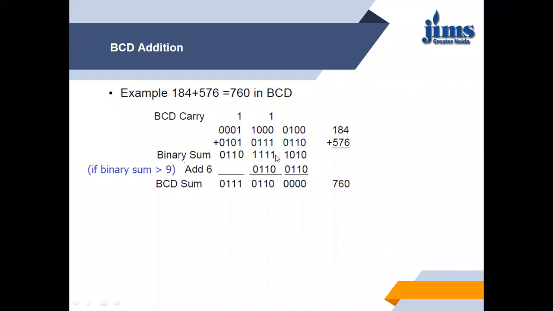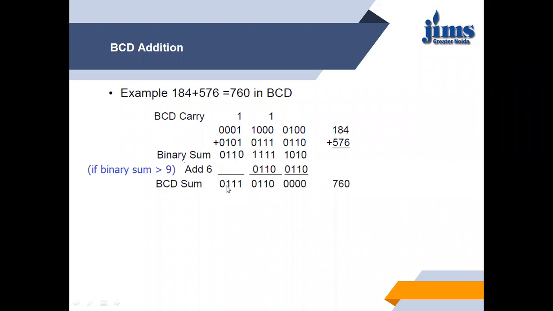Then again 1 plus 1 is 0, carry 1. 1 plus 1 plus 1 is 3, sum is 1, carry 1. Again 1 plus 1 plus 1 is 3, sum is 1, carry 1. 1 plus 1 is 0, carry 1. So carry is forwarded again. This 1 plus 0 is 1, then 1, then 0.